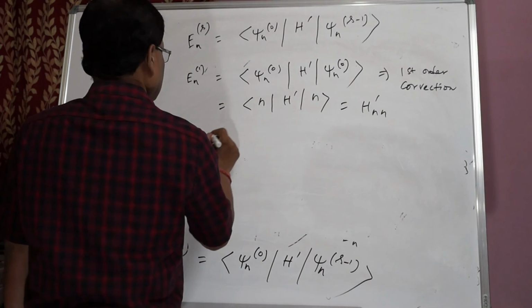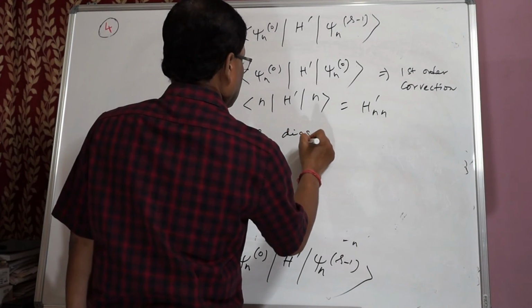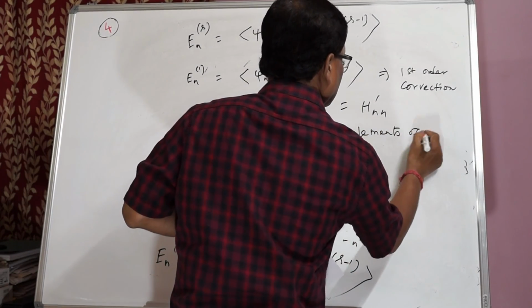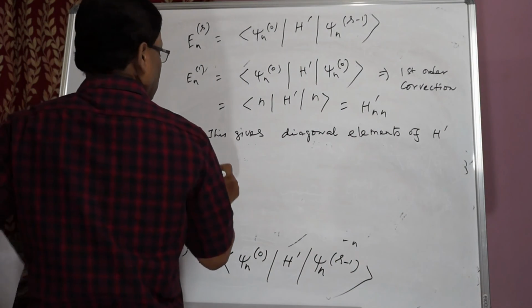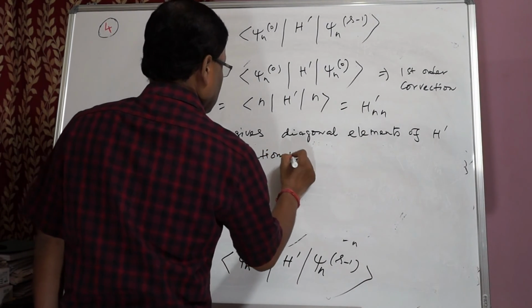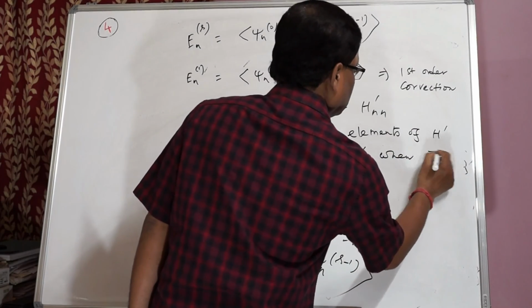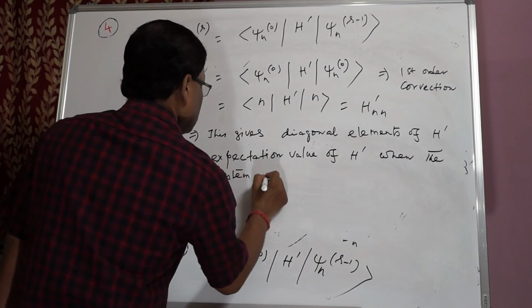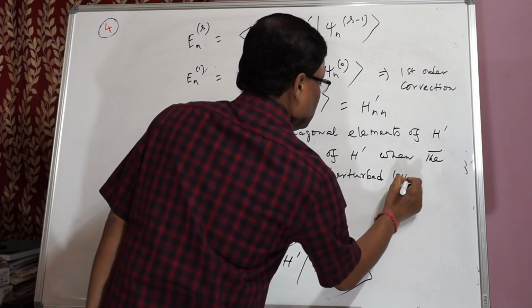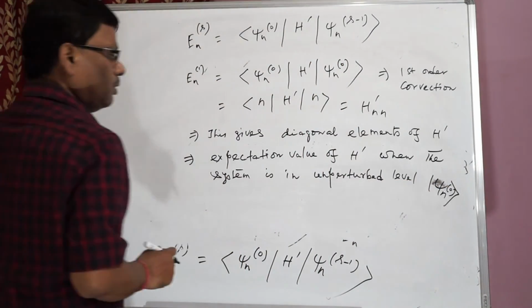So this gives the diagonal elements of H prime, or the expectation value of H prime when the system is in the unperturbed level n, psi n 0.